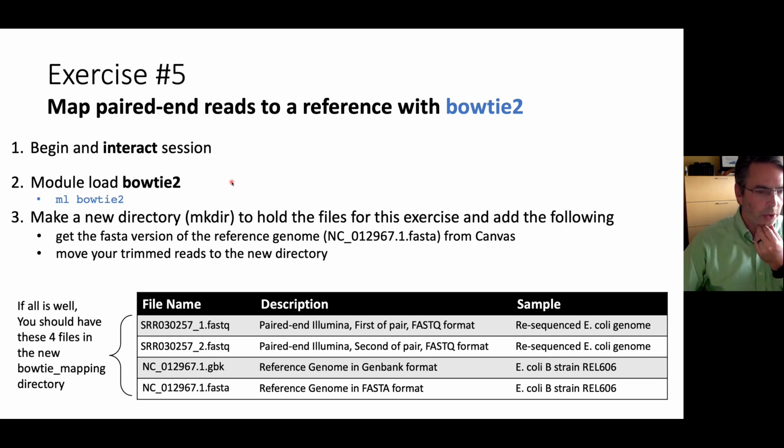Before we get too far, though, I want to make a note that you need to go get this FASTA file from Canvas. For some reason I left it out of the 3 files that we uploaded in part 1. So this is on Canvas. You just need to bring that over to Bridges, and then I'm going to make a new directory to hold everything we do today.